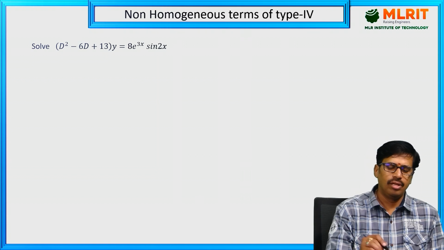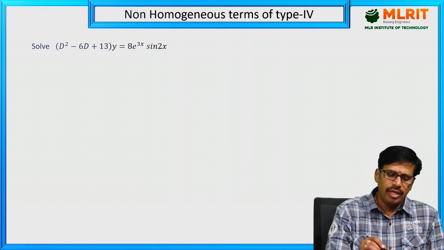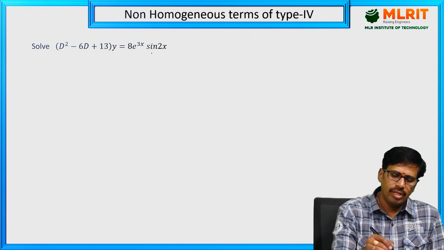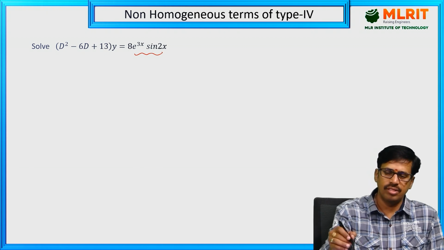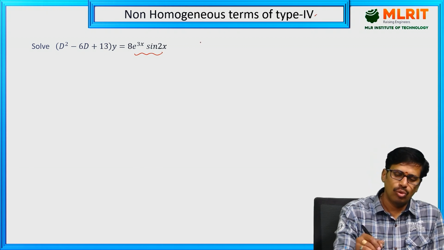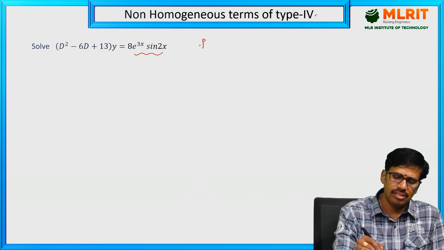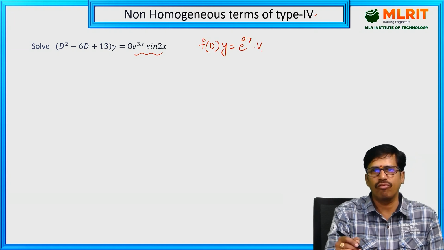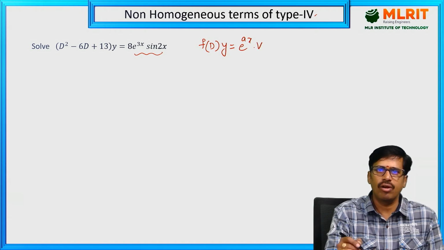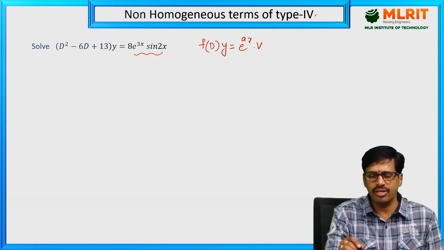Next, let us see when the right side term is of type e power ax into some function of x, that is type 4. So the given equation is in the form f of D into y equals e power ax into V. V means any function of x, x squared or sin x or cos x or any function of x.